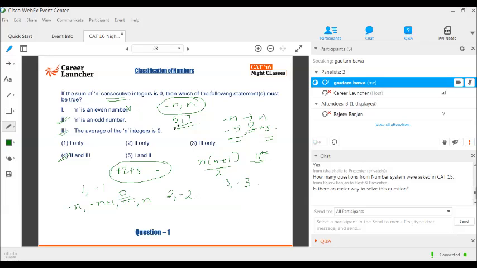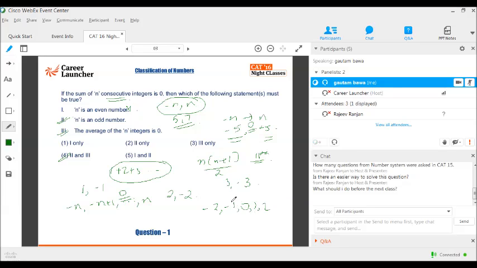Next question here is from Rajiv, who's asked me, is there an easier method to solve this question? Well, right now you saw me going from minus n to n. The easiest way of solving questions on number systems is to just take an example. For example, I could have stated that the n consecutive numbers are minus 2, minus 1, 0, 1, 2. Just write these down.